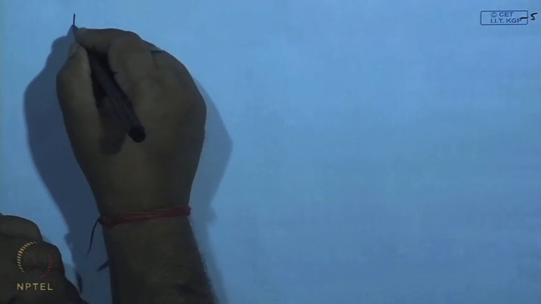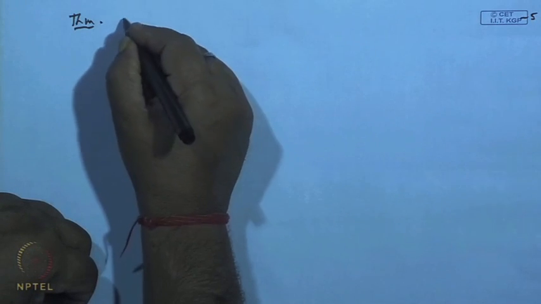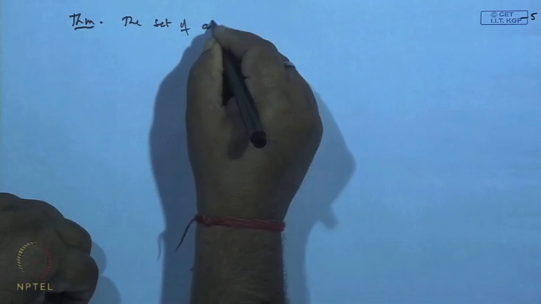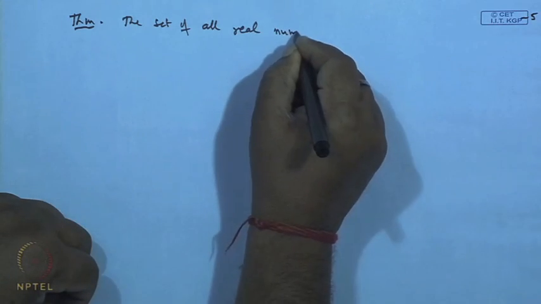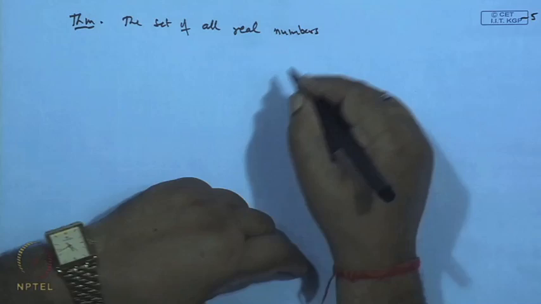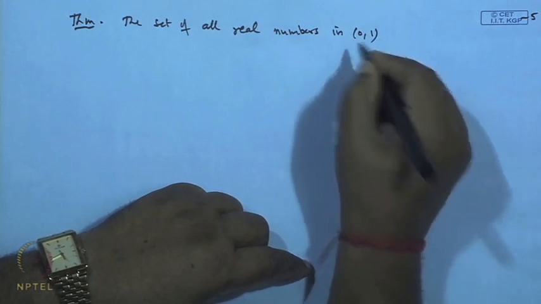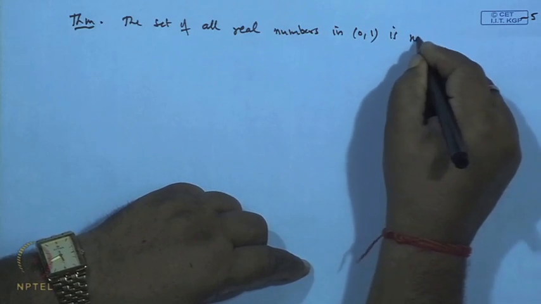Once you have the algebraic numbers, all the transcendental numbers become the uncountable. Let us see a few examples of uncountable sets. The first example, which is very important, is that the set of all real numbers in the open interval 0 1 is not countable.